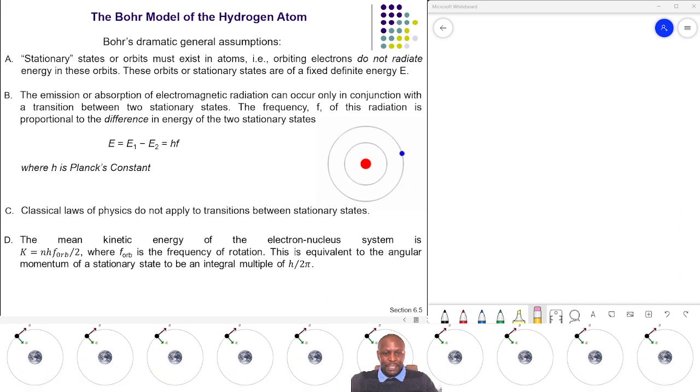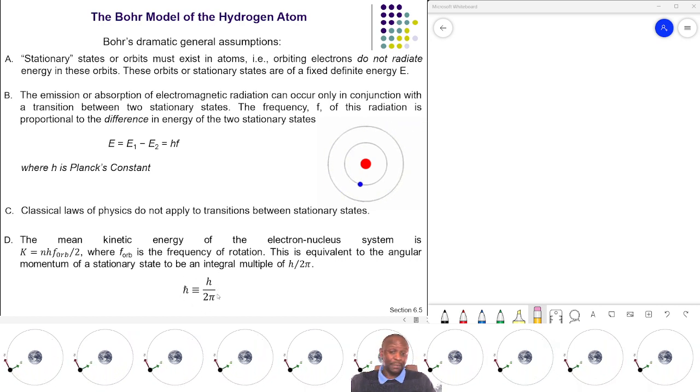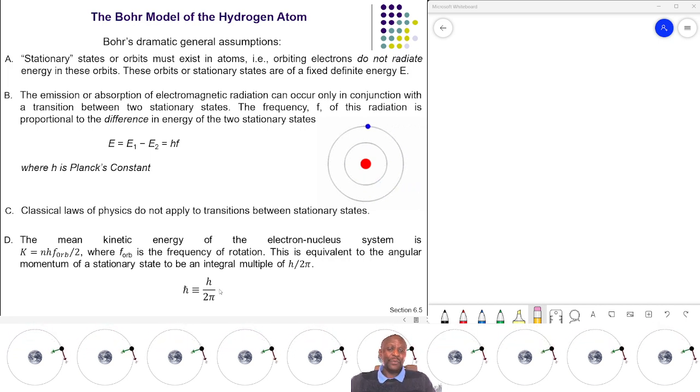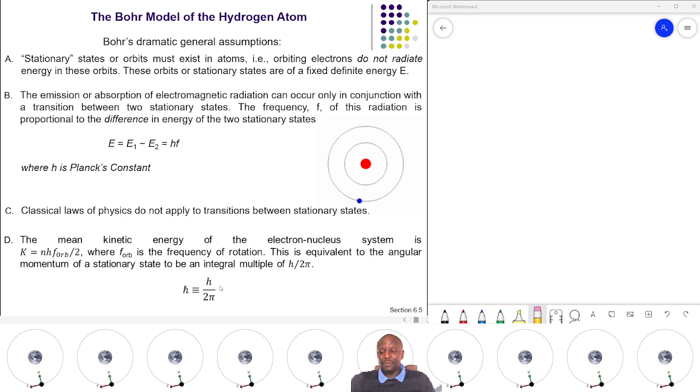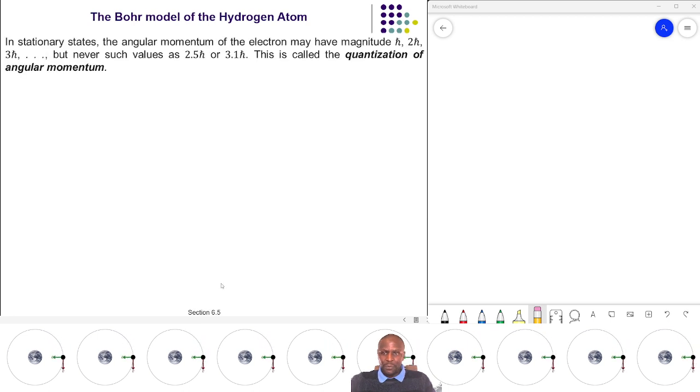Remember, good people, this can be defined in terms of h bar, multiple of h bar, which means you can have 1 h bar, 2 h bar, 3 h bar, and so on. You can't have half h bar or 3.5 h bar. So you will have a multiple of h bar.